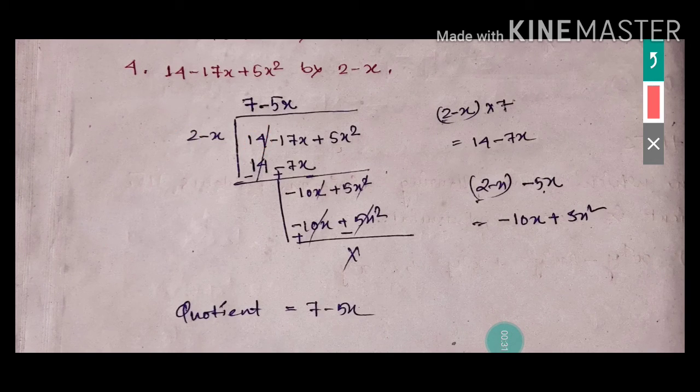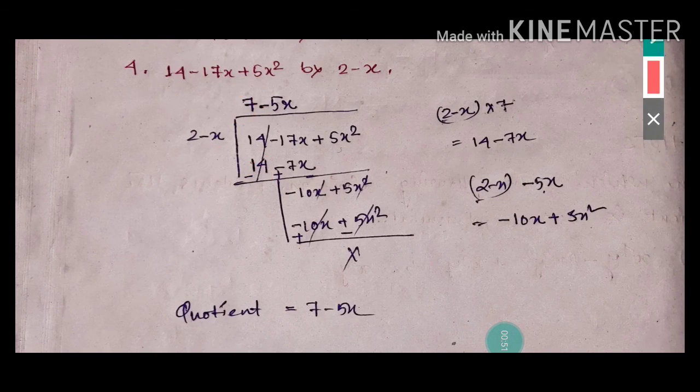So now see, here 14 is there, here 2 is there, so what do you have to multiply with? With 7, then only you will get 14. So if you multiply with 7, 2 sevens are 14, then here minus x is there and here 7 is there, so how much will it be? Minus 7x.